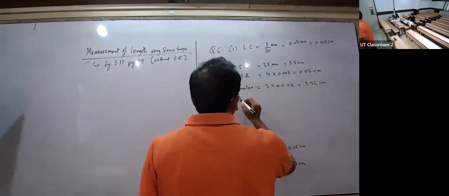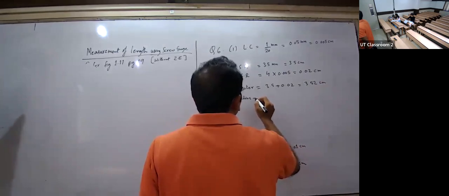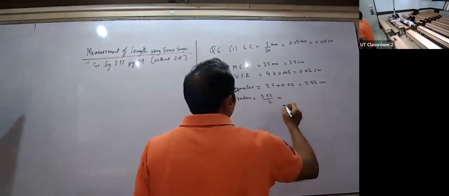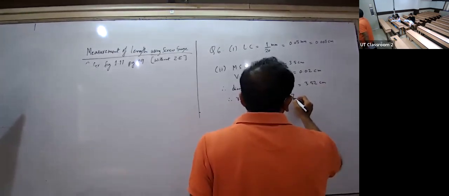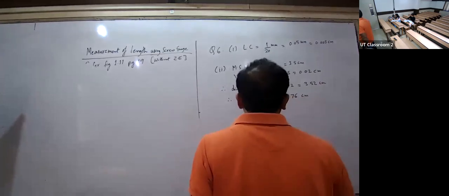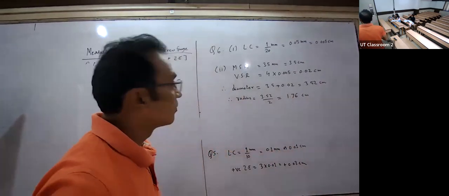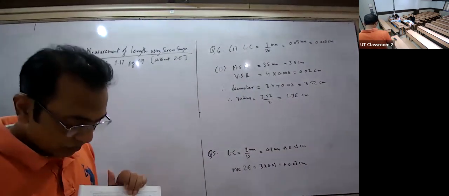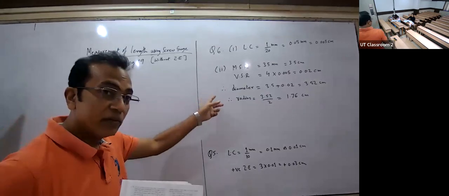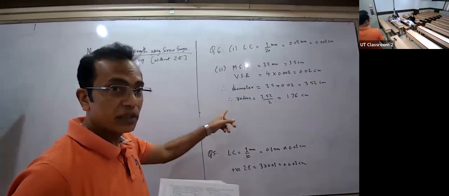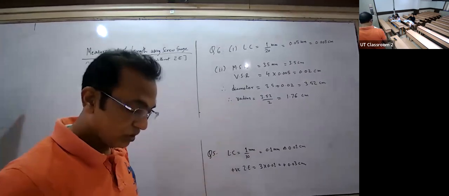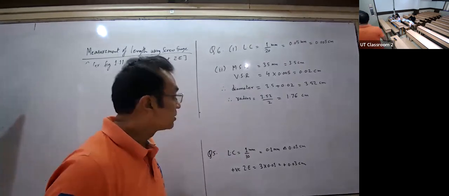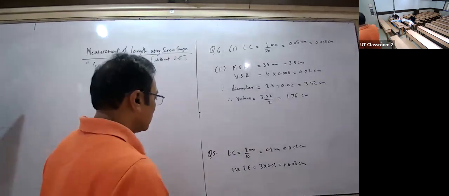Therefore, radius is equal to 3.52 divided by 2, 1.76. Right? So you have to be careful. You know that when you measure with the vernier calipers, it measures diameter. But what is asked in the question? Radius. Okay. So you need to be careful. We will do one more last question from vernier calipers, the 8th. Now you do the 8th question.